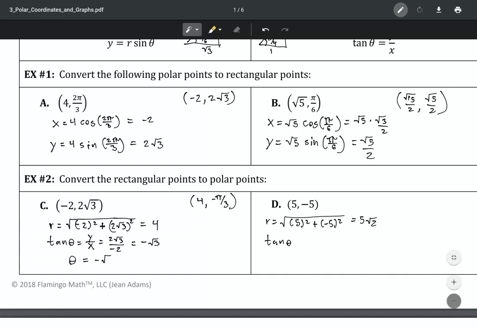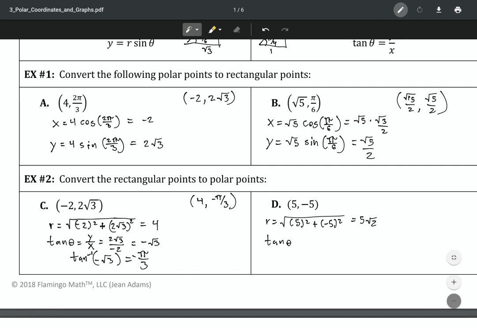Negative square root of 3, so yes, this is pi over 3, negative pi over 3.